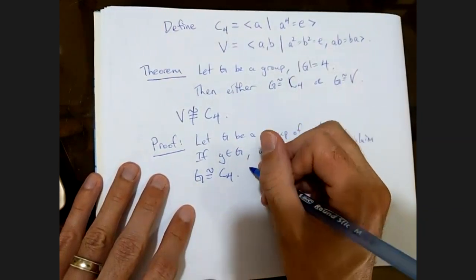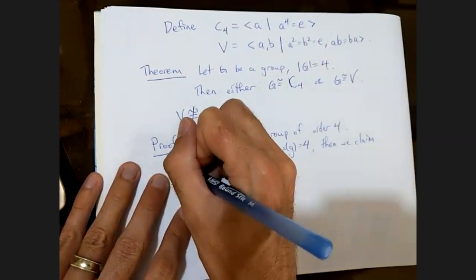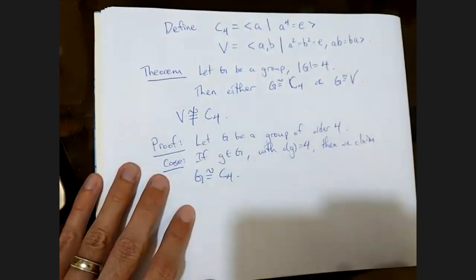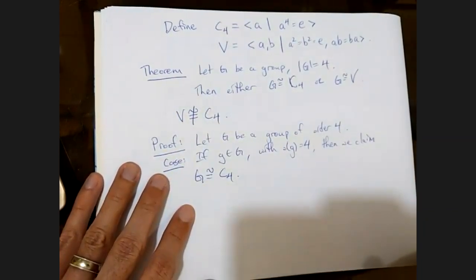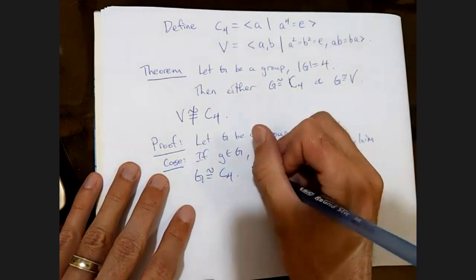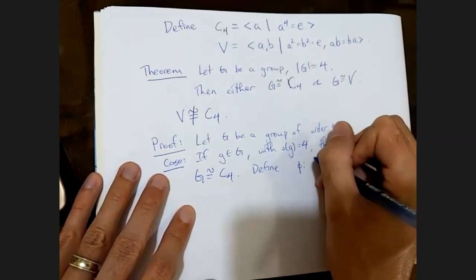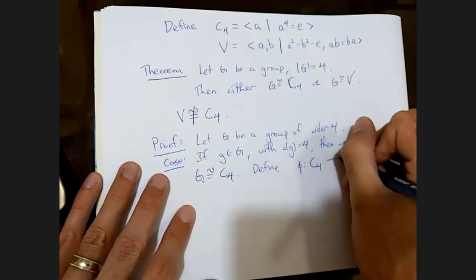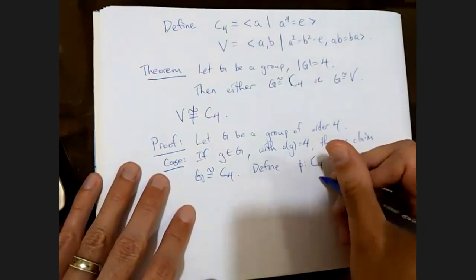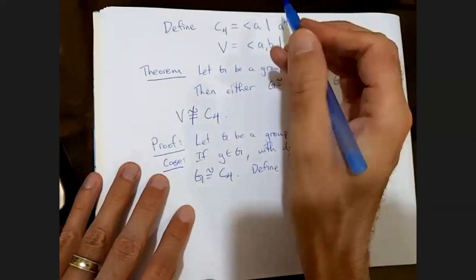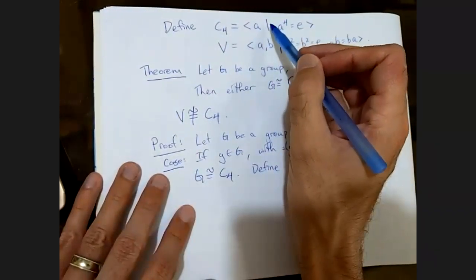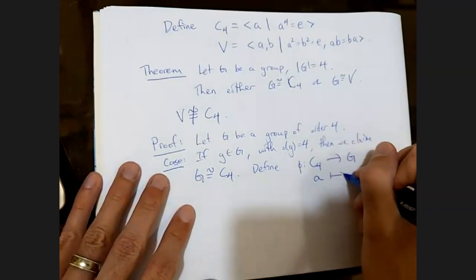So this is our first case, that G has an element of order 4. Well, we just define phi from C4 to G by the rule: send the element A of C4 to the element G.